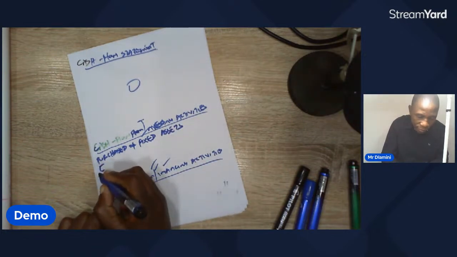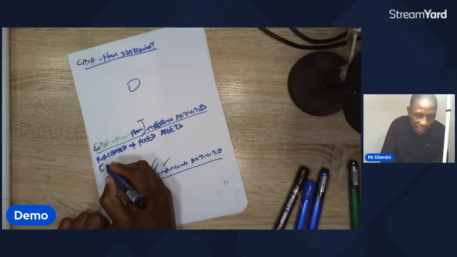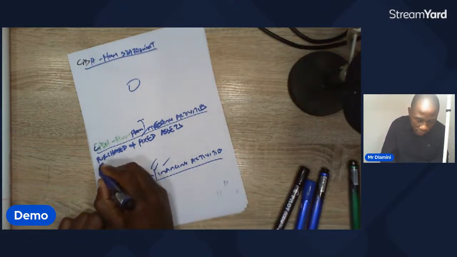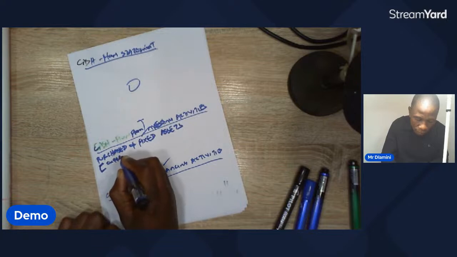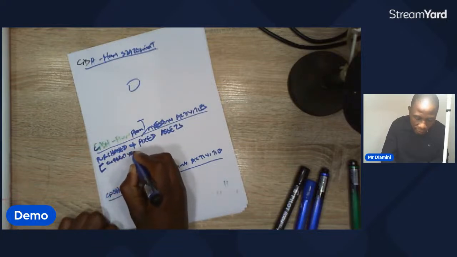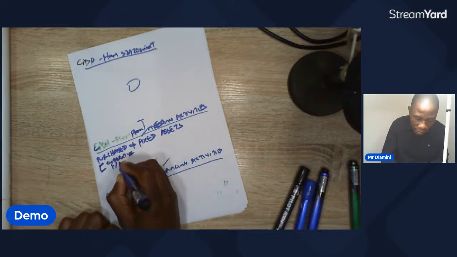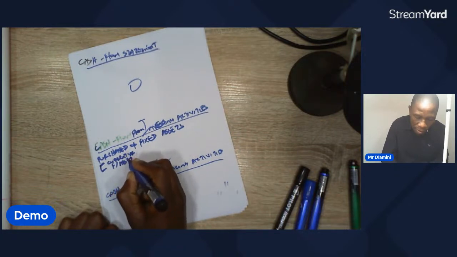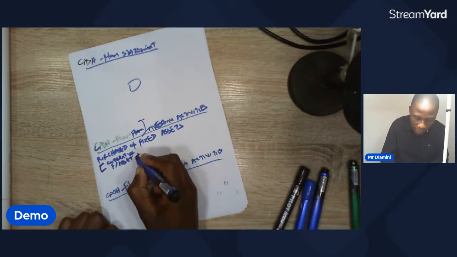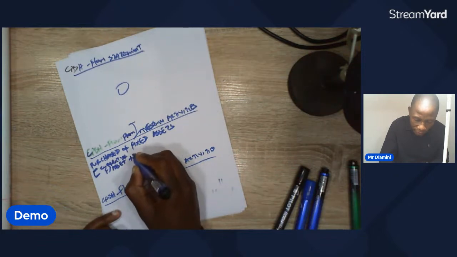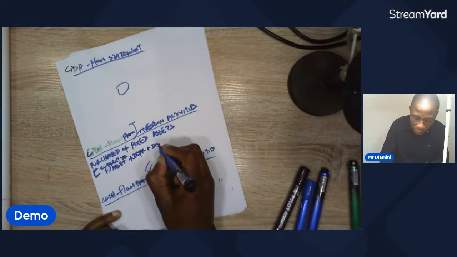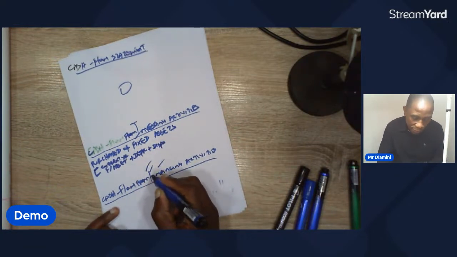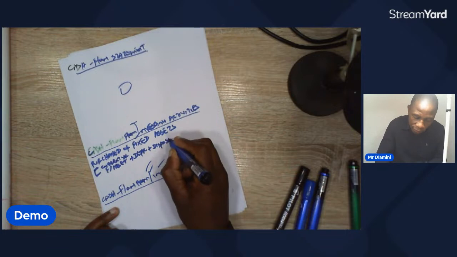We take the current year fixed asset amount in the balance sheet, plus depreciation, plus disposal. Depreciation comes from the income statement, and disposal will be in the information when we are selling the asset.